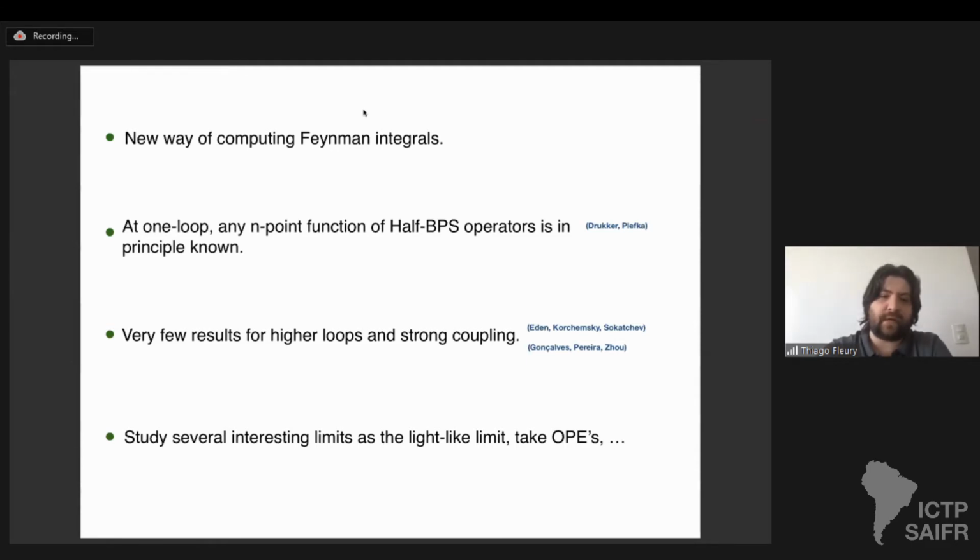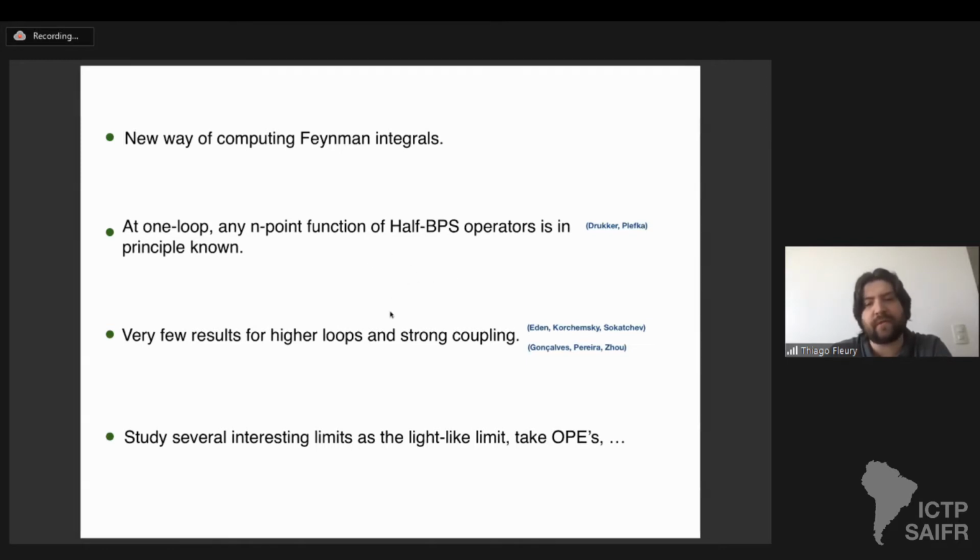And I only comment in the introduction on the status of computing these higher point functions. At one loop, you can compute arbitrary n-point functions of half BPS operators in principle. That is the work by Drukker and Plefka. But at higher loops, very few results are known. There are some results for the light-like limit for 5 and 6 points.